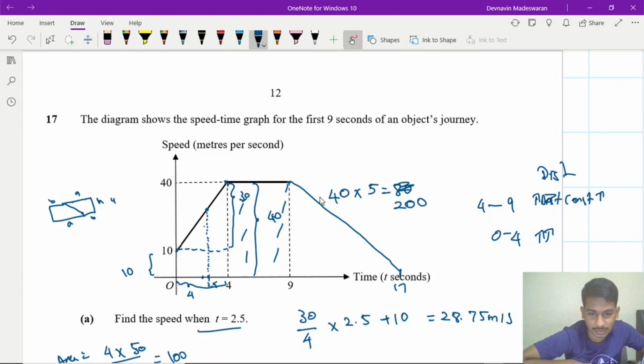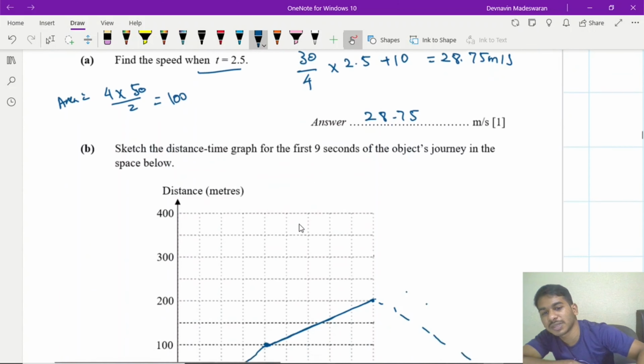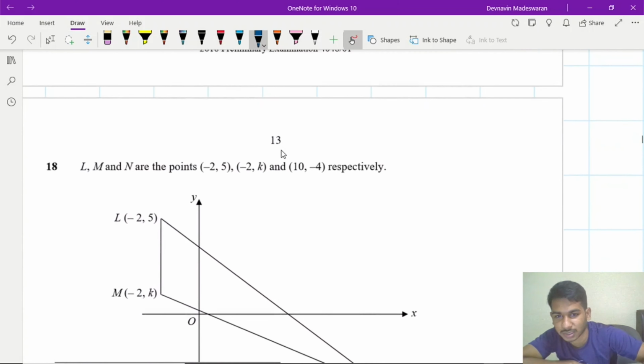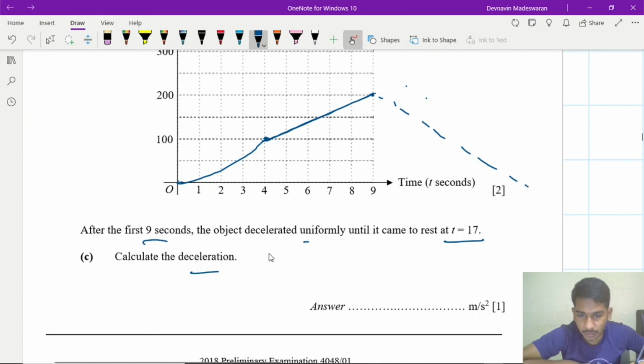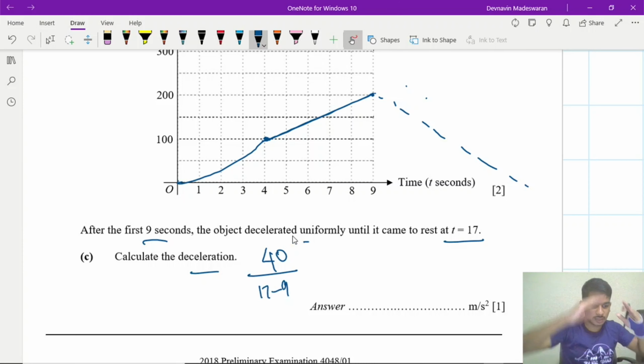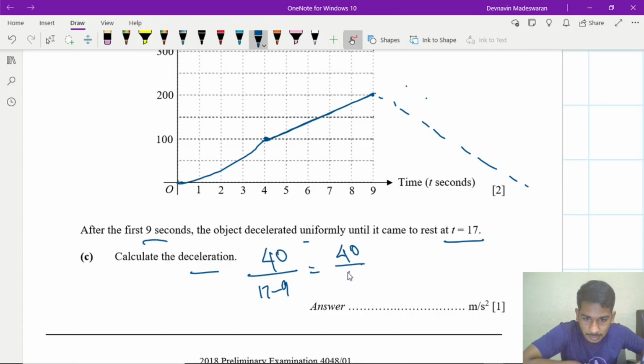Your speed is decreasing by 40 units in 17 minus 9, which is the amount of time. So it's 40 divided by 8, which is 5 meters per second squared.